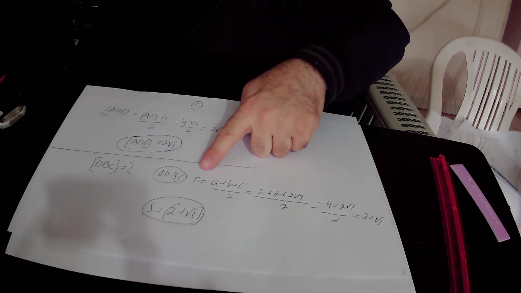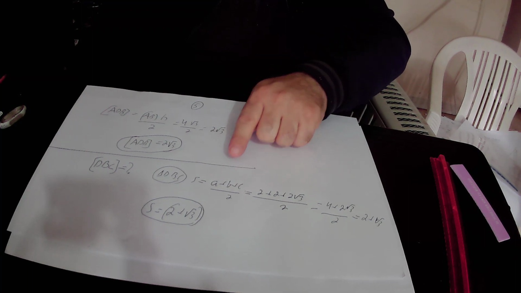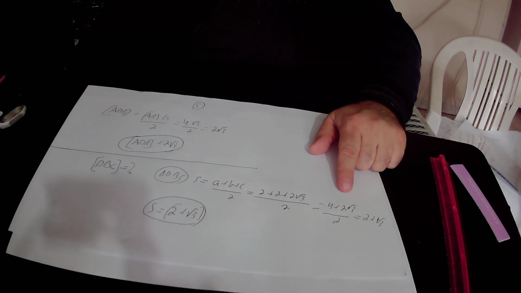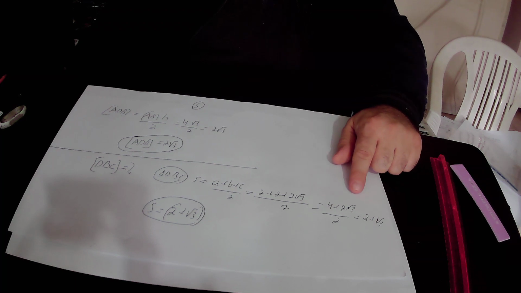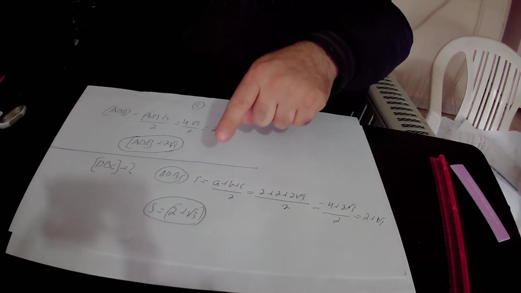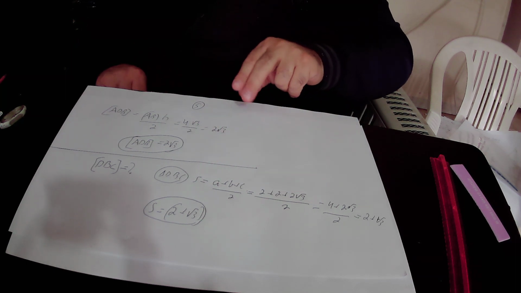S is the abbreviation for semi-perimeter. So the semi-perimeter S equals A, that is 2 units, plus B, that is also 2 units, plus C, that is 2 times the square root of 3. 2 plus 2 is 4, plus 2 times square root of 3, over 2. 4 over 2 is 2, and 2 times square root of 3 over 2 equals the square root of 3. So the semi-perimeter of triangle DBC is 2 plus the square root of 3 units.